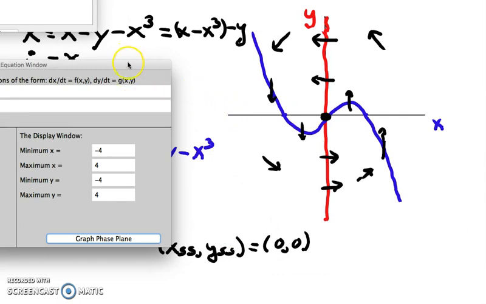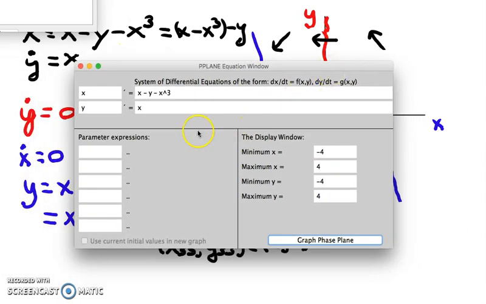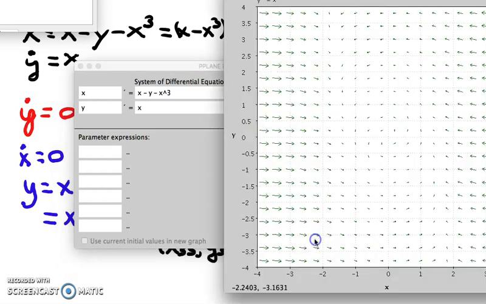And here's the p-plane equation window, and I've put our model equations in and chosen some minimum and maximum values for y that work, and now I'm going to graph the phase plane.